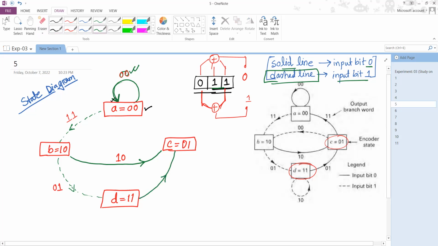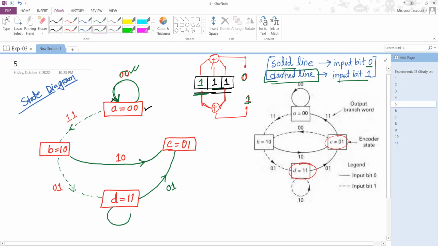And what will be our output? Our output will be 0 here and 1 here. That means output will be 0 and 1. And again, if I insert 1, now from 1 1 it will again go back to 1 1 in the future state.